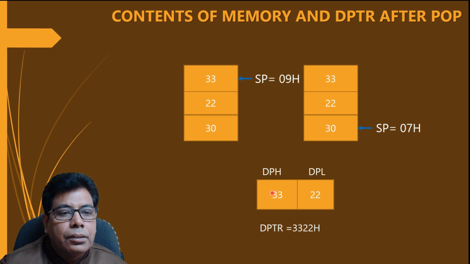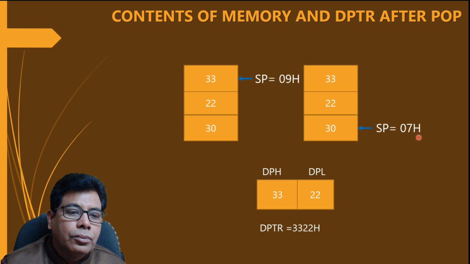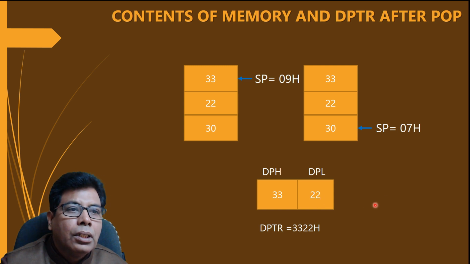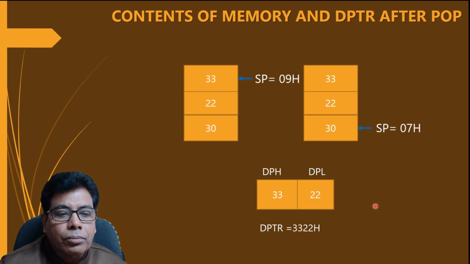Then the stack pointer is decremented by 1, so SP will become 08. Then we give the instruction pop DPL, so this 22 will go to DPL. And again the stack pointer is decremented by 1, so SP will become 07. And the DPTR combinedly will become 3322 because DPH is 33 and DPL is 22. In this way the pop operation will take place.